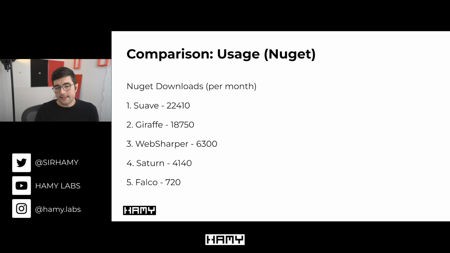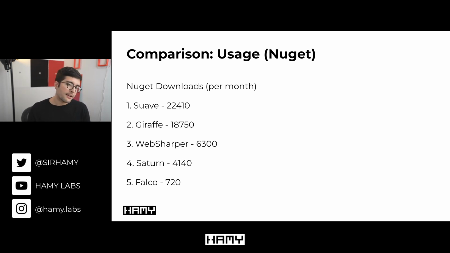And then Falco, we see, has less than 1,000 downloads per month. This does make sense, even though it seems like an outlier, because Falco is relatively new to the scene. It's likely it just hasn't been pulled into many people's frameworks, especially not many companies' frameworks, I would guess, just because of how new it is.